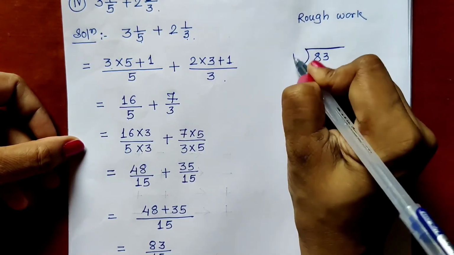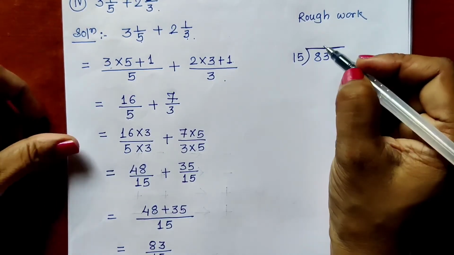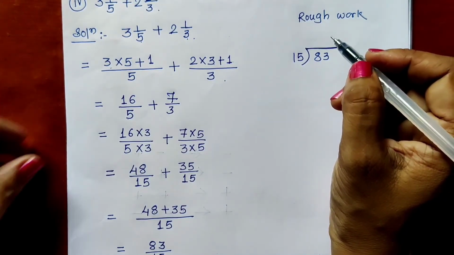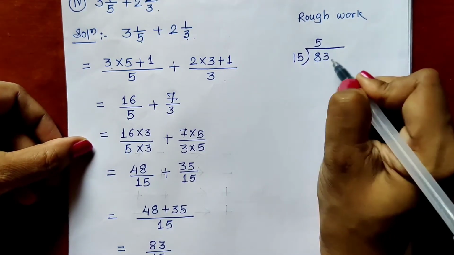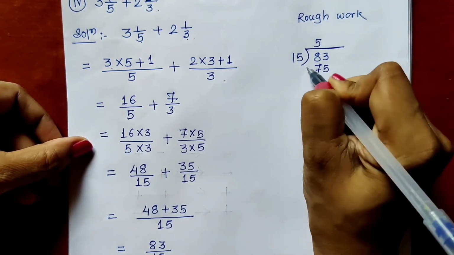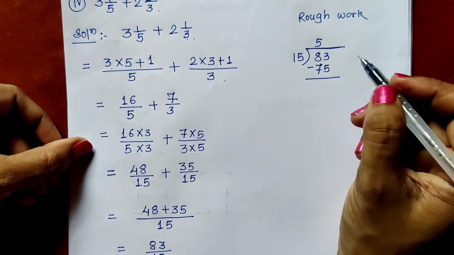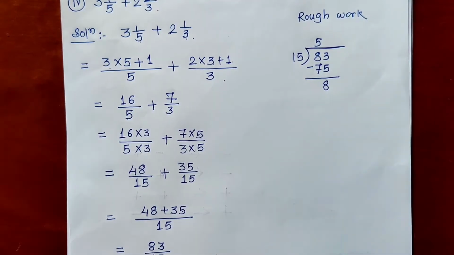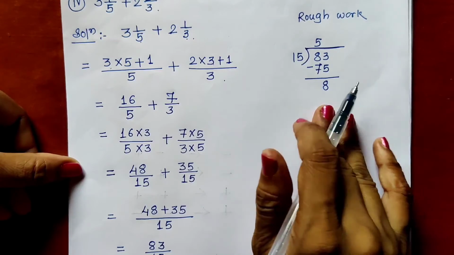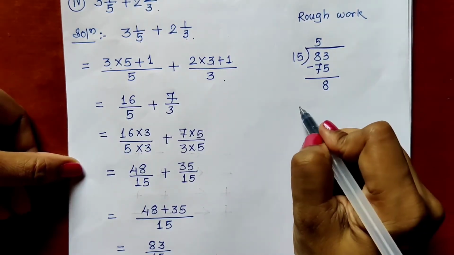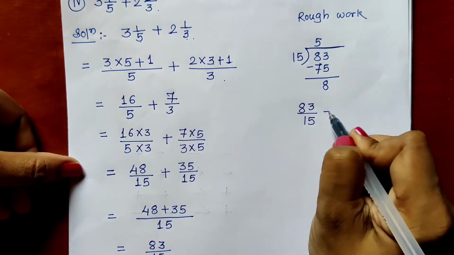83 divided by 15. 15's table you all know. 15 5s are 75. 15 6s are 90. 90 is bigger than 83. So we have to take 15 5s are 75. 83 minus 75. What is the answer? 8. Correct? Now 8 is smaller than 15, so we will have to stop here, and we have to write this improper fraction as a mixed number.